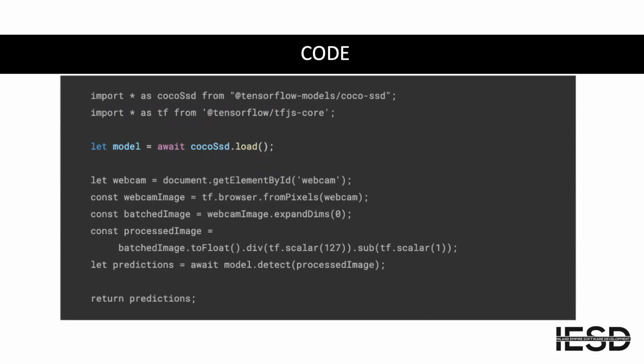Once our model is loaded, we're going to start calling our webcam. Once we have the webcam, we are going to pass that, and we are going to transform that in pixels for TensorFlow to start comparing those pixels and those data set to the previous one that we already have loaded there. Then we're going to get all that batch of images.